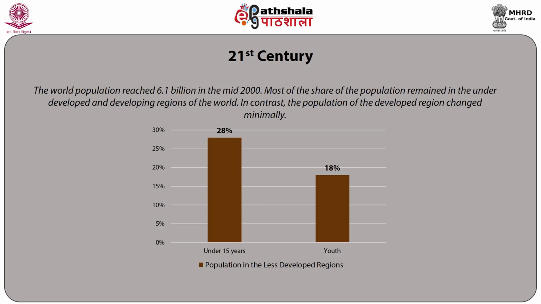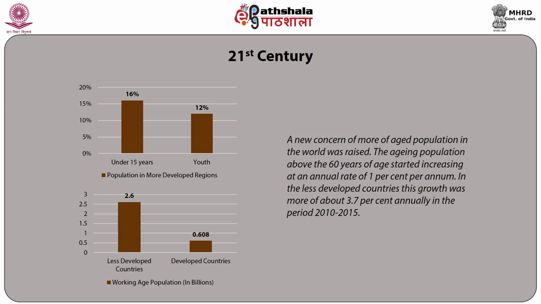The population in the less developed regions of the world remained relatively young, with children under 15 years of age accounting for about 28% of the population, and young persons accounting for about 18% of the population. In the more developed region, the children and the youth account for 16% and 12% of the population respectively.